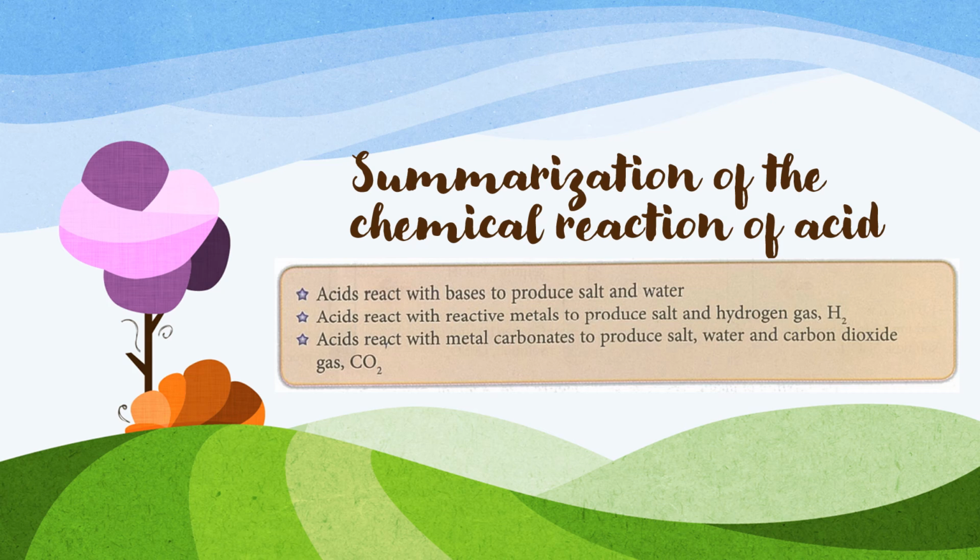You learned about the reactivity series of metals, so you know that some metals do not react with acid at all. So be careful. That's why we are saying reactive metal over here, not just metal, because some metals do not react with acid. And the last one, acid reacts with metal carbonates to produce salt, water and carbon dioxide.